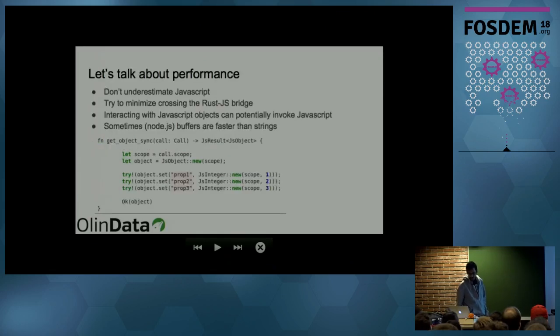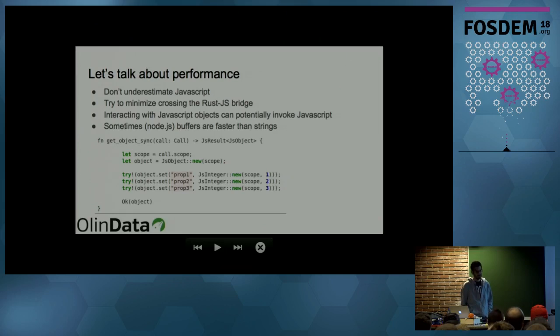All right, so talking about performance, some people say that, okay, we want to write in Rust because I think Rust is going to be way faster than Node.js. It's going to be way faster than JavaScript, but do not underestimate JavaScript. You can optimize it. Well, it can never be like Rust, but it can get pretty close sometimes. But it's also hard to optimize it.